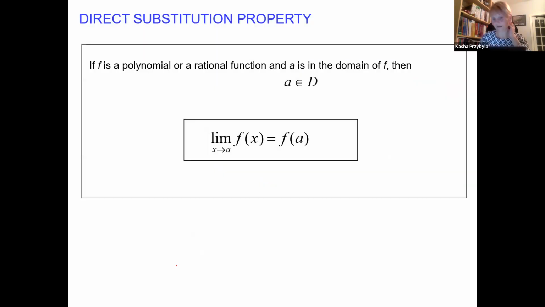Okay, this is also an important law, an important property we call the direct substitution property. I will read it for you and explain. If f is a polynomial or rational function, and a is in the domain of the function, because sometimes we look at the limit at a number a that is not in the domain, but sometimes it actually is in the domain.